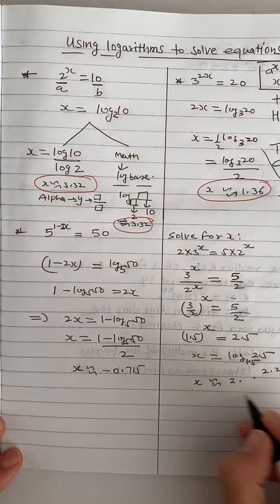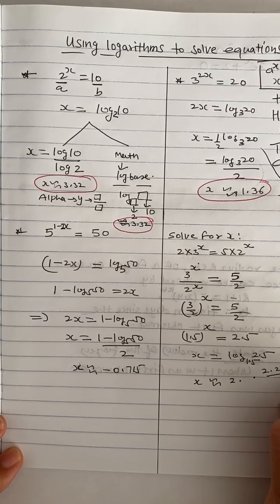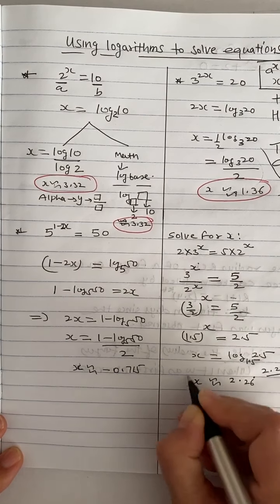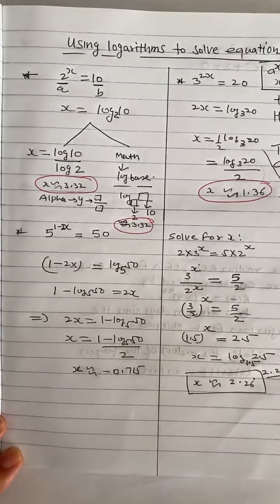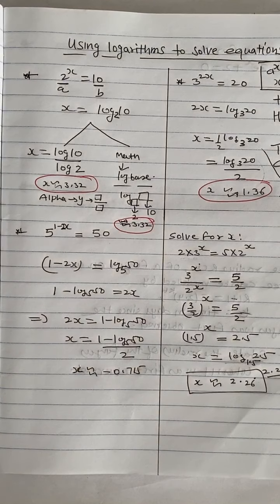Now we are rounding it to 3 SF. So this digit is 9, which means we add 1 here. Sorry, it is 2.26, not 2.30. Okay, so that's your final answer for this one.